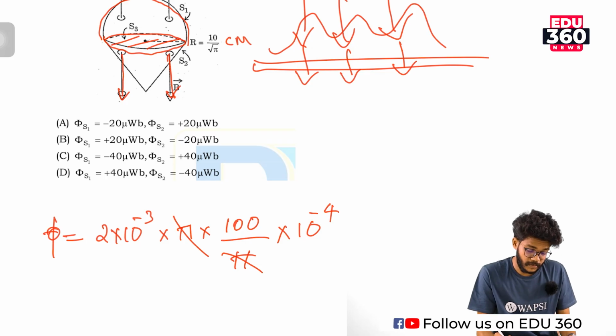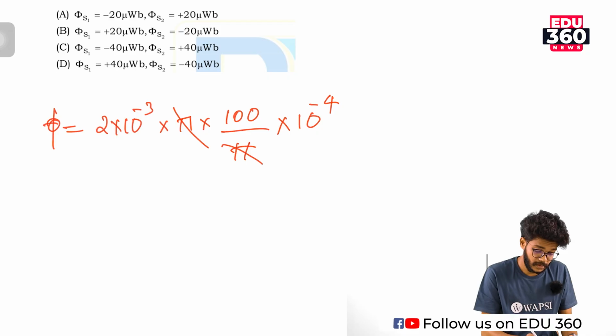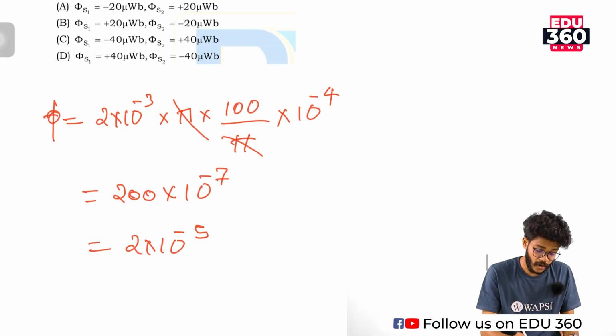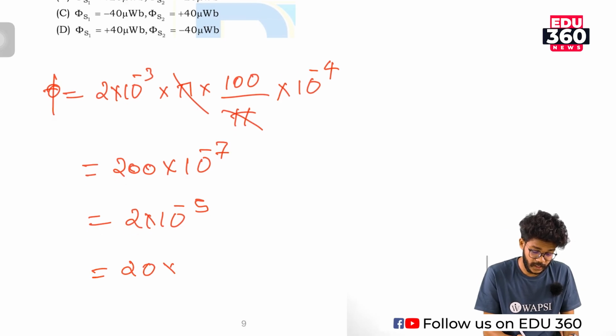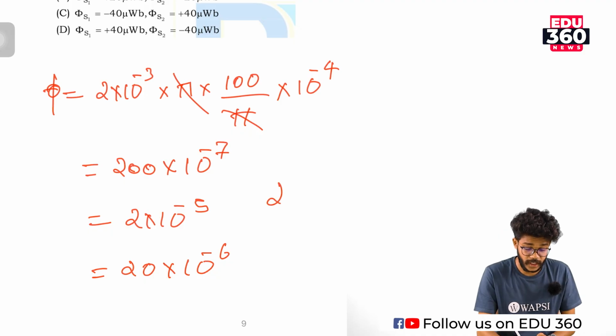Magnetic field multiplied by the area, then 200 into 10 raised to minus 7, which is equal to 2 into 10 raised to minus 5, or 20 into 10 raised to minus 6. Minus 6 means micro, so 20 microweber.